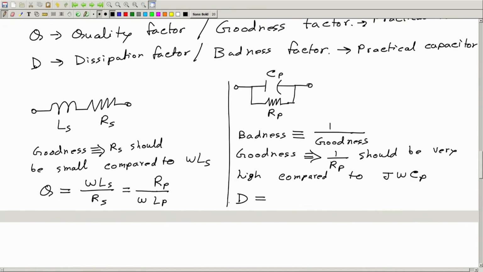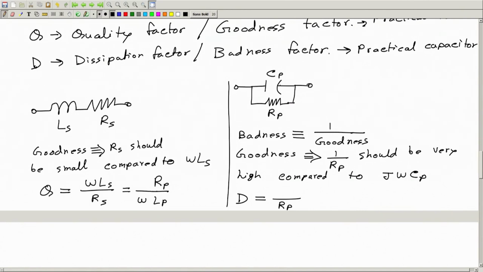so it will be bad if this Rp is small. If Rp is small, more current flows. So, therefore, we have it in the denominator, and it will be also bad if this conductance, call that susceptance of this part, is low.